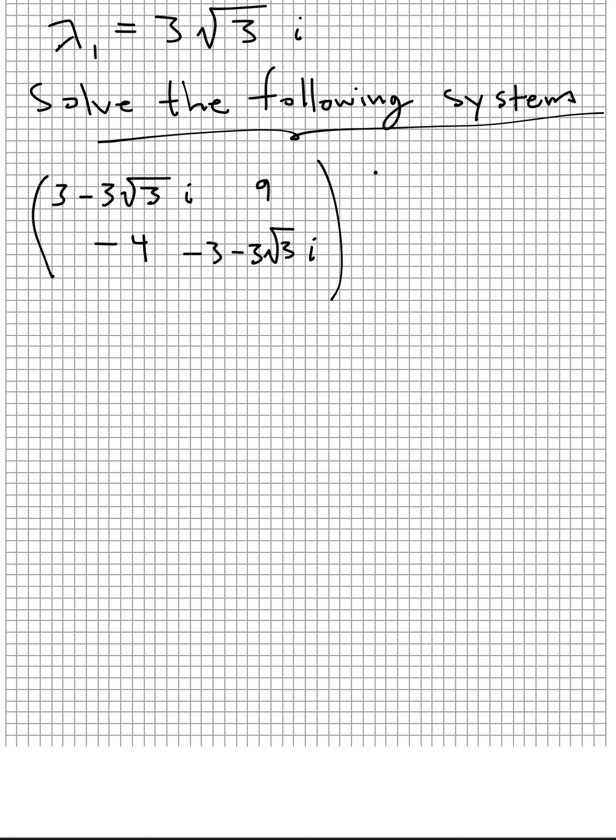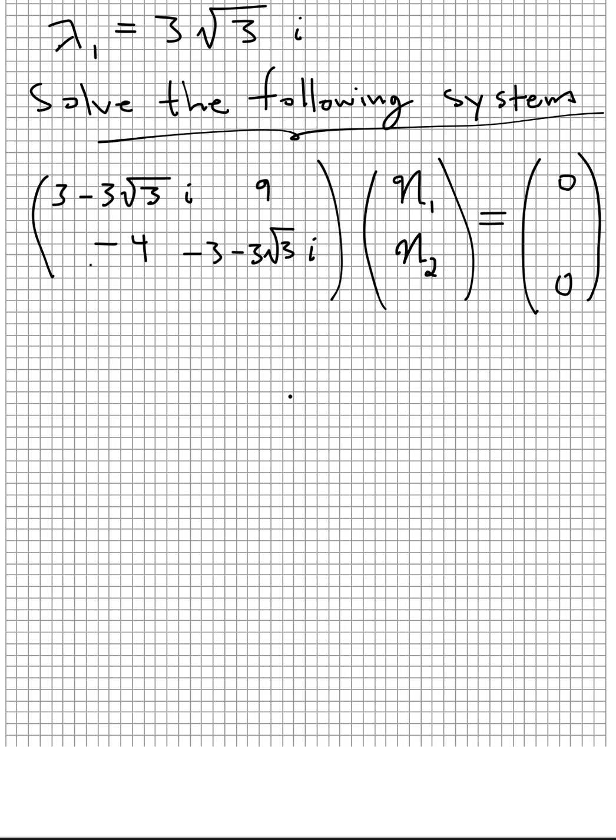Okay, and our vector of unknowns here, which will be nu1 and nu2, and this should all equal the 0 vector. Okay, because we're finding eigenvectors here.